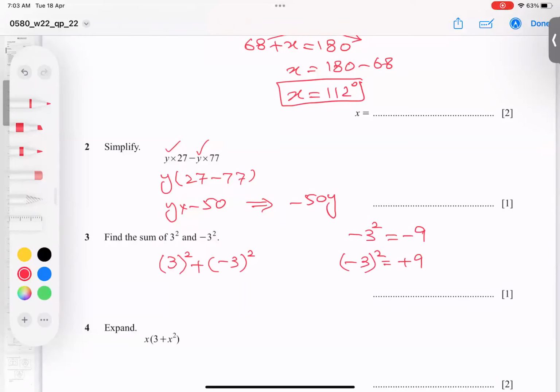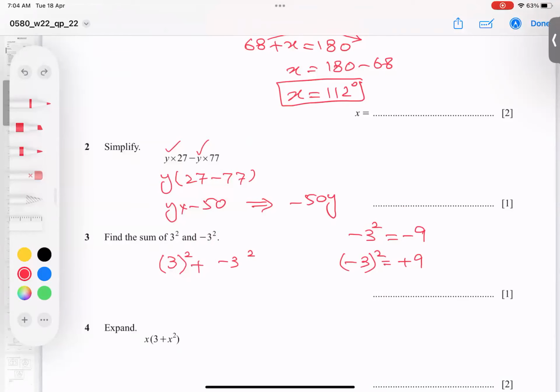What he mentioned, we cannot put a bracket ourselves, okay? Because he said without brackets. So we should eliminate the bracket. This is just extra knowledge for you, okay?